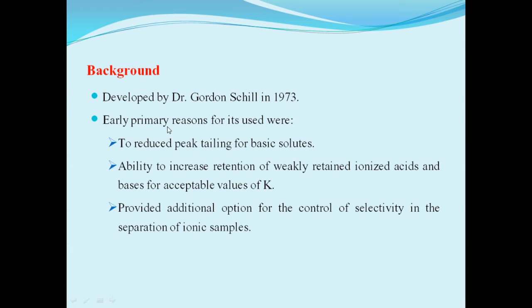Early primary reasons for its use were to reduce peak tailing for basic solutes, to increase retention of weakly retained ionized acids and bases to acceptable values of k, and to provide an additional option for the control of selectivity in the separation of ionic samples. Because of these reasons, it was used in early ion pair chromatography.